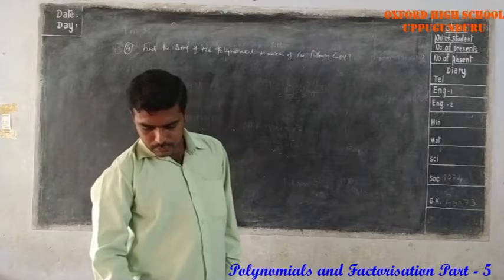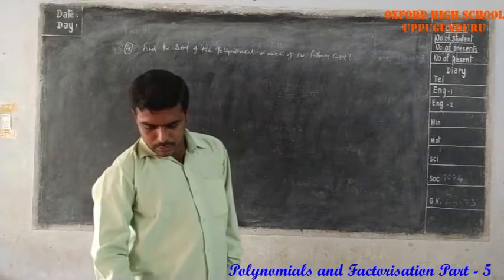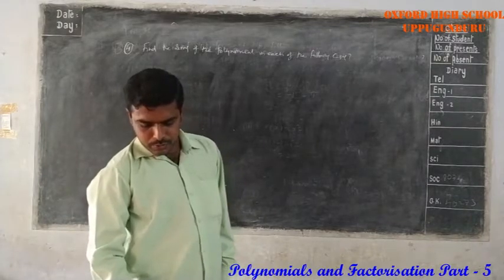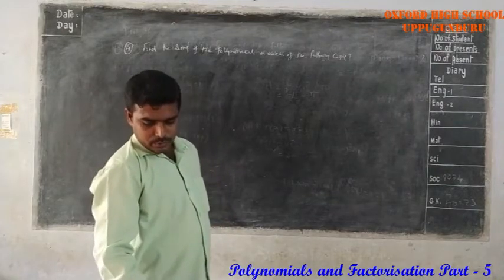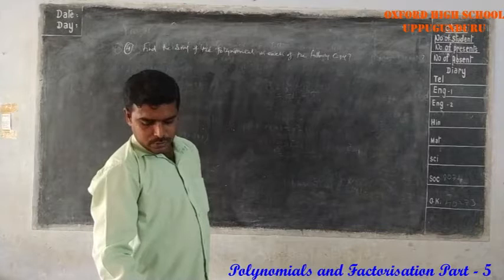First one, f of x equal to x plus 2. Here they give 7 problems.